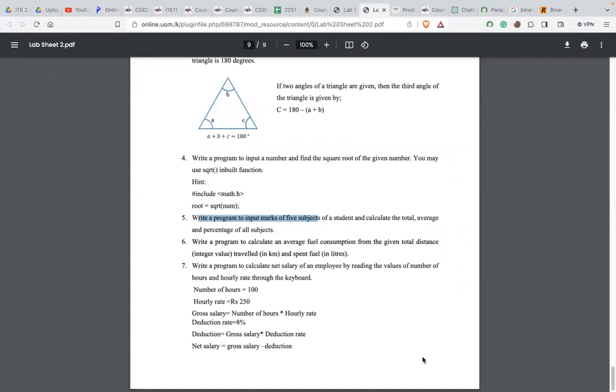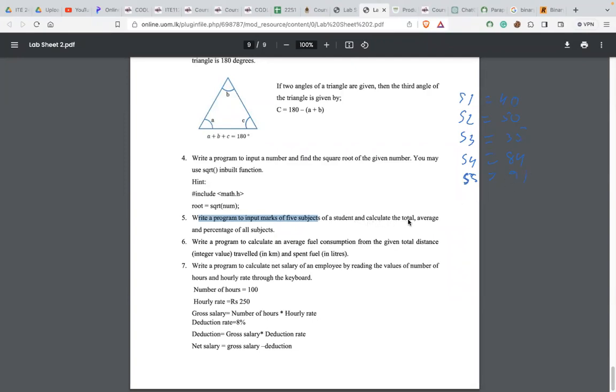Suppose the 5 subjects are S1, S2, S3, S4 and S5, and the marks are 40, 50, 35, 84, 91.